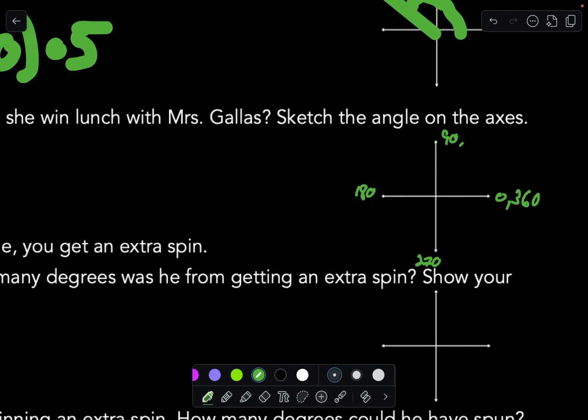Notice I'm just adding 90 each time. 450. 450 plus 90 is 540. 540 plus 90 is 630. And so forth. All right. And then 630 plus 90 would be 720.